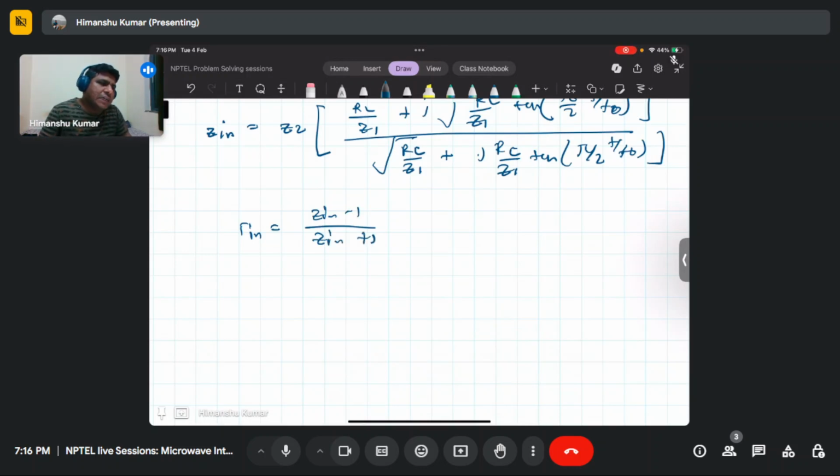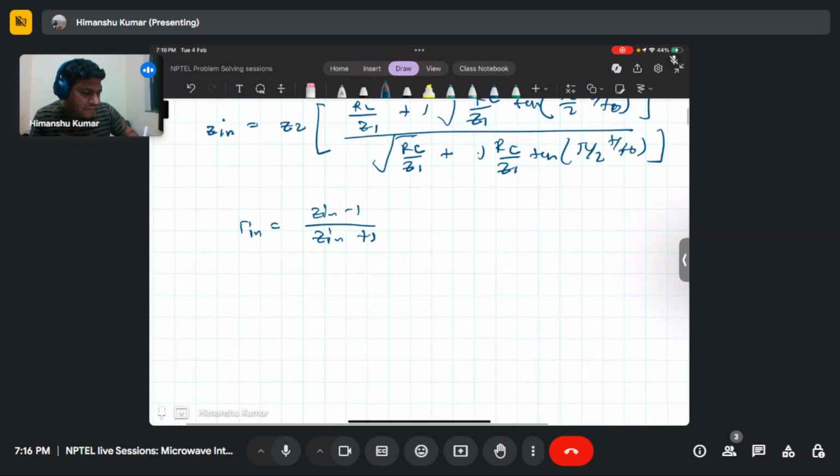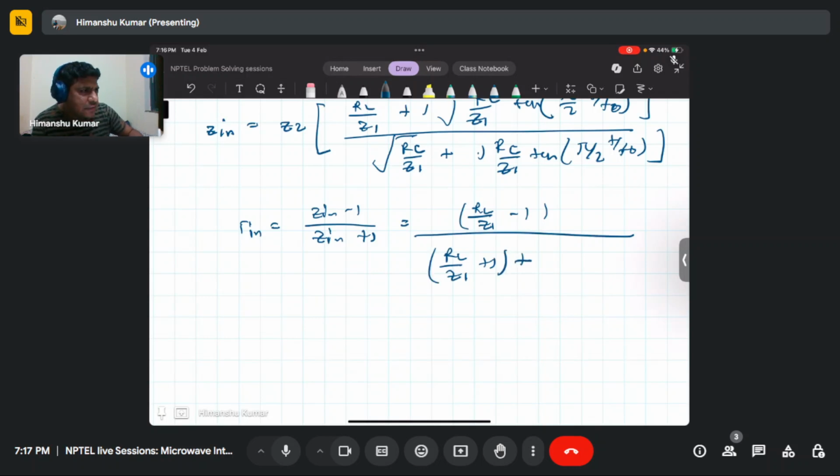Then if you simplify, if you match to this line, you can write this as RL by Z1 minus 1 divided by RL by Z1 plus 1 plus 2j times square root of RL by Z1 tan of pi by 2 f by f naught.